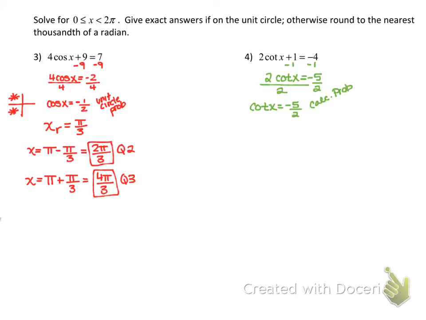To be able to use our inverse, we need to first change this to tangent. So that means tangent of x is equal to -2 over 5. So now we say, okay, where is tangent negative? Tangent is negative in quadrants 2 and 4. So let's first find the reference angle.